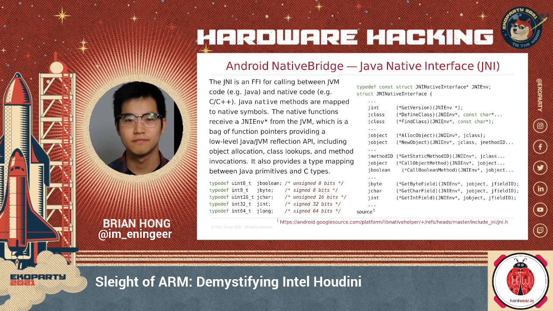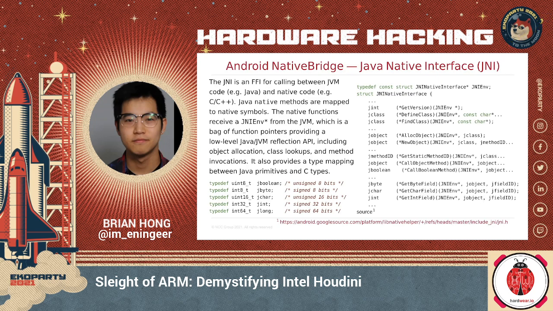And when the JVM calls a JNI compatible native code, it provides a pointer to a struct JNIEnv, and this JNIEnv is basically a bag of function pointers that can be used to perform low-level JVM reflection.